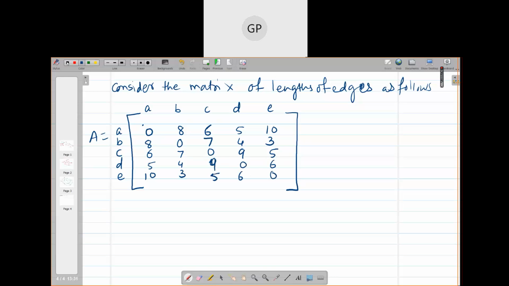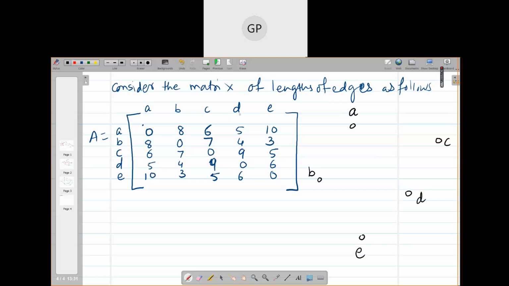Now here I am going to plot the points, and simultaneously we will keep on modifying the graph. This is D, C, and this is E. So this is A, B, E, D, and C. Let us do it row wise.